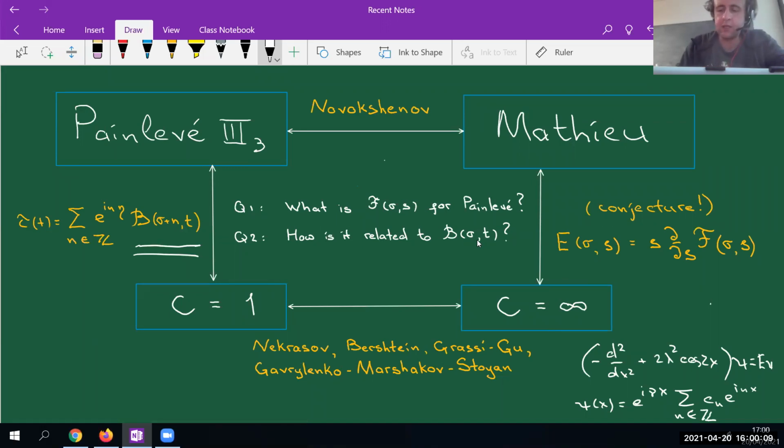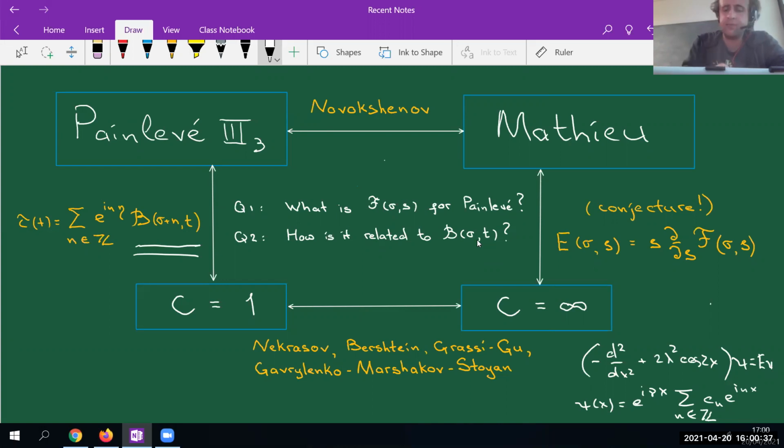We have a function F or E, this accessory parameter, which is essentially known from the end of the 19th century. You open Abramowitz-Stegun or DLMF, you find a series for this function. So the question that I want to ask is, can we relate B to F?